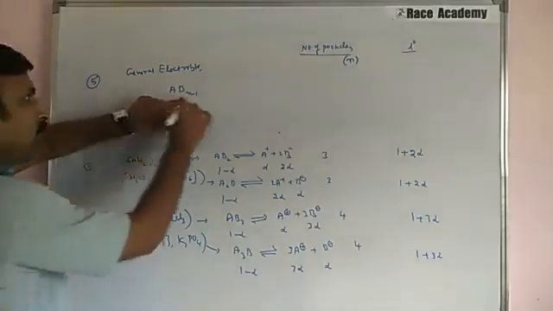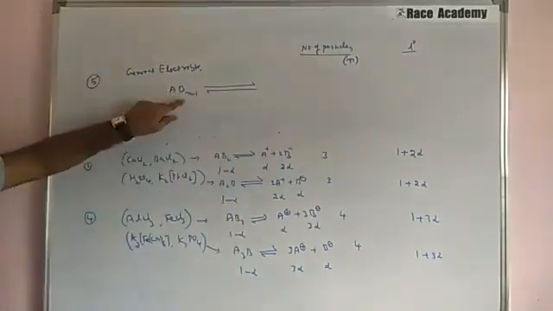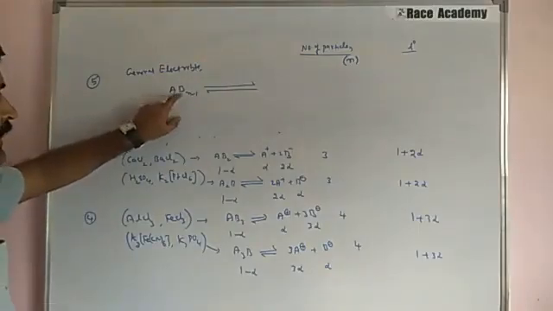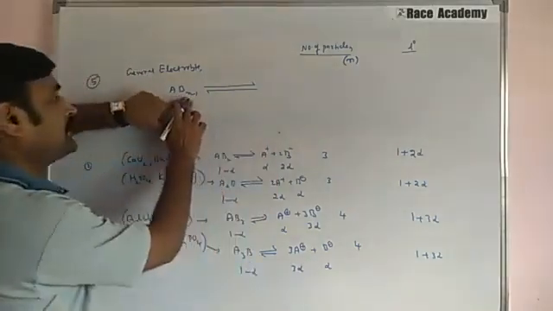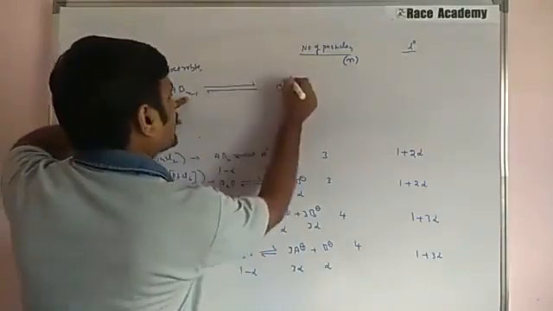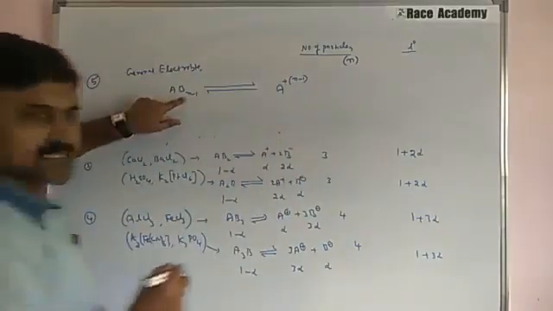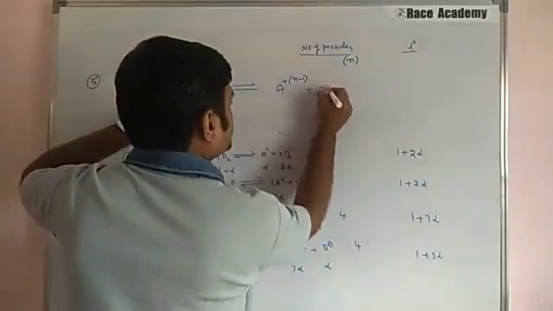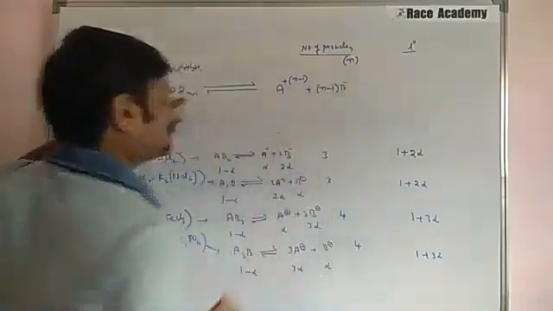If this type of electrolyte undergoes dissociation, then it will give A cation and B anions. So the A cation charge will be the number of B ions. A is a positively charged cation, its charge is (n-1) plus. And B is a negatively charged one, so its number of moles is n-1, B minus.